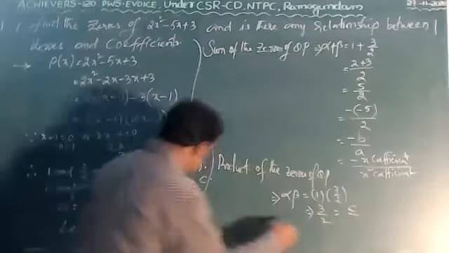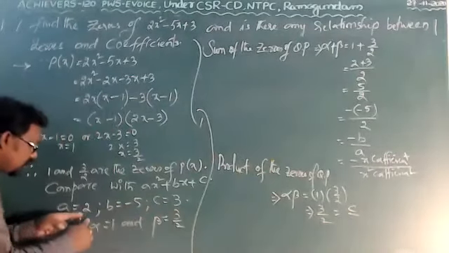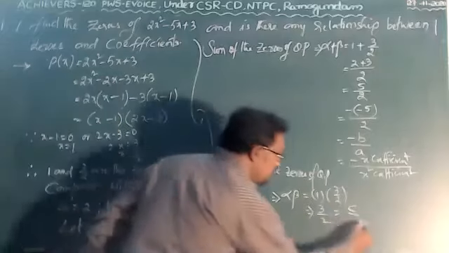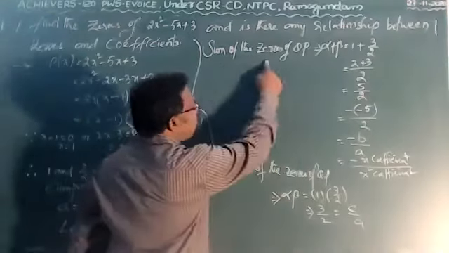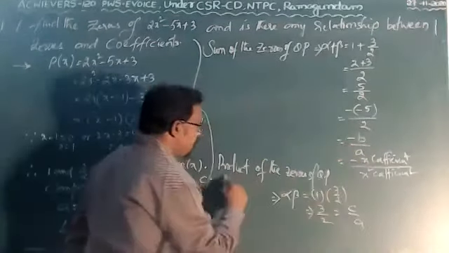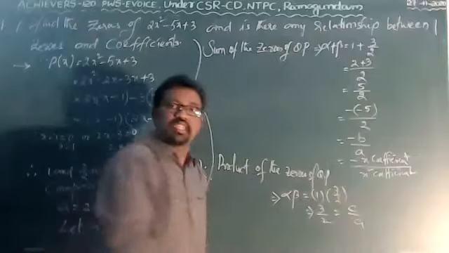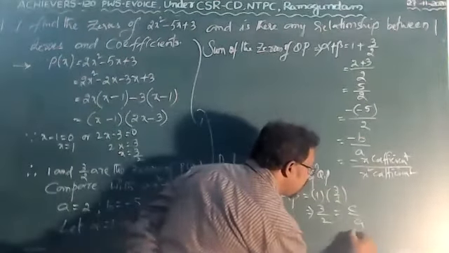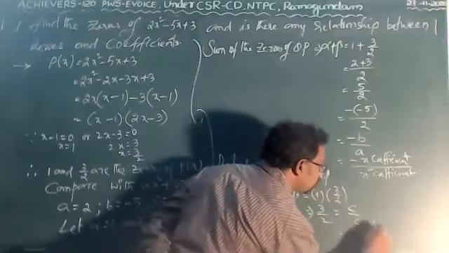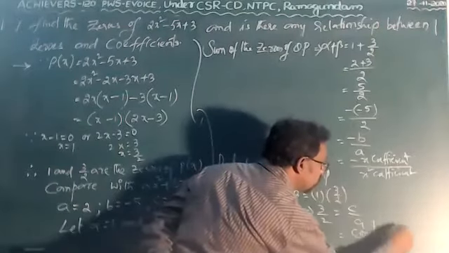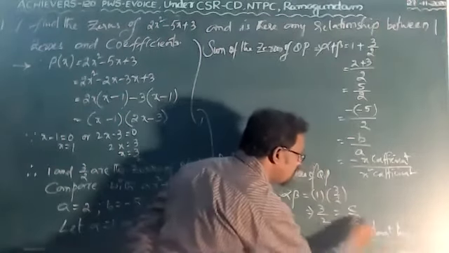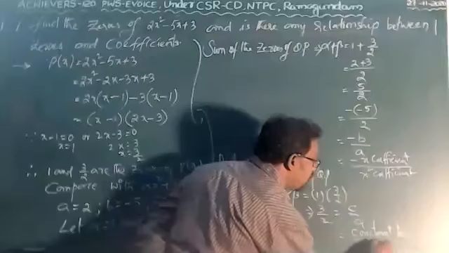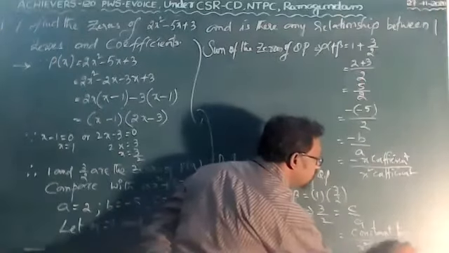What is 2 in the coefficients? a. That means the sum of the zeros is minus b by a. The product of the zeros is c by a. What is c? The constant term. What is a? The x square coefficient.